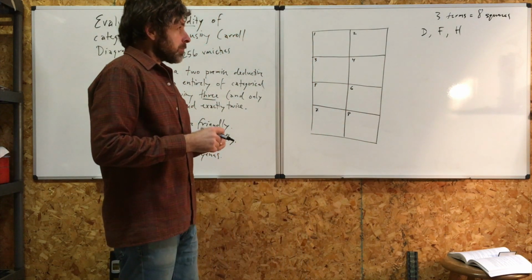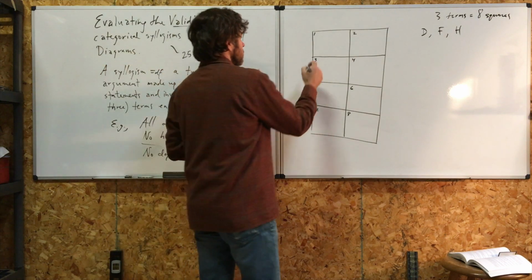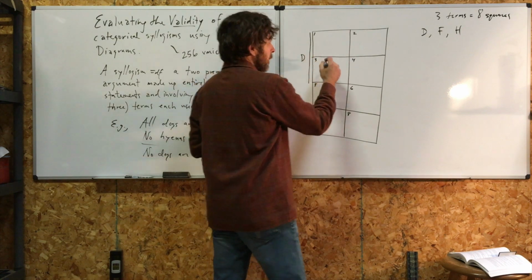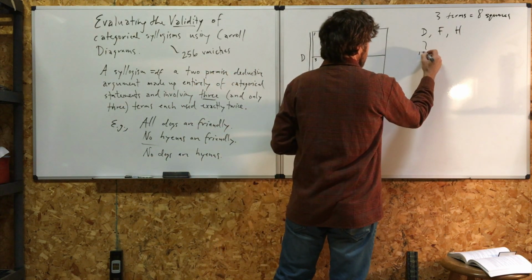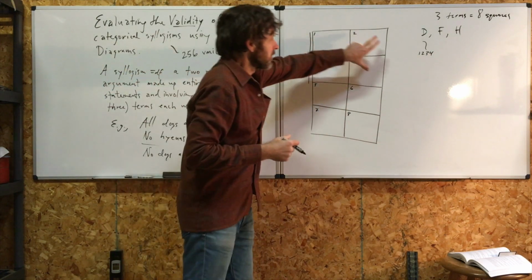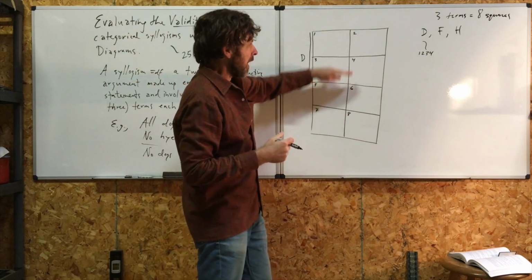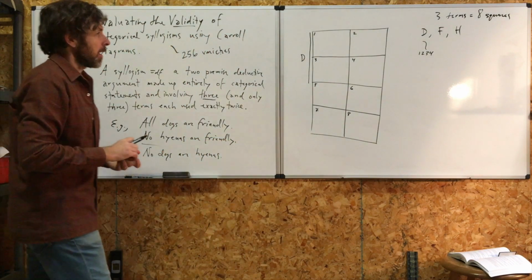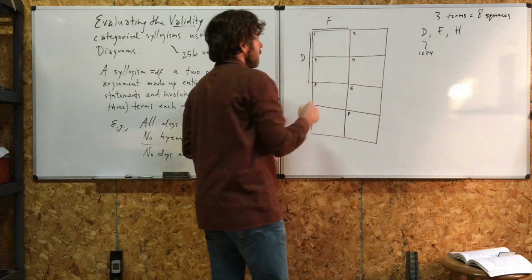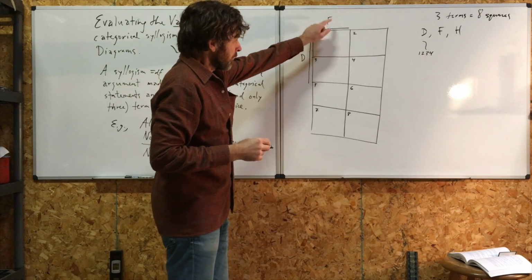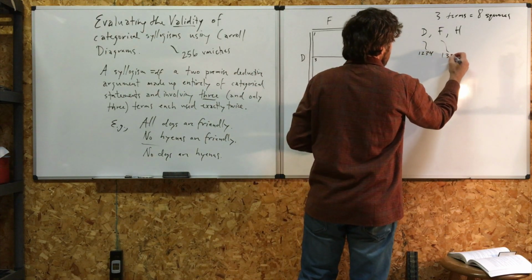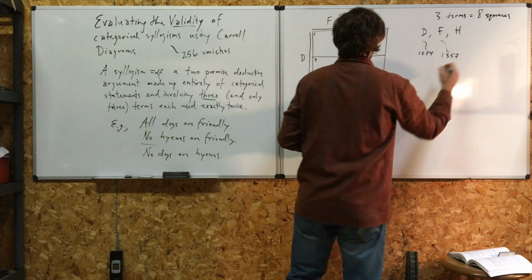Okay. The set of dogs, let's call it right here, dogs, will be represented by regions 1, 2, 3, and 4. In other words, the dogs live here in the upper half of this diagram. Friendly animals, right here, will be represented by regions 1, 3, 5, and 7.